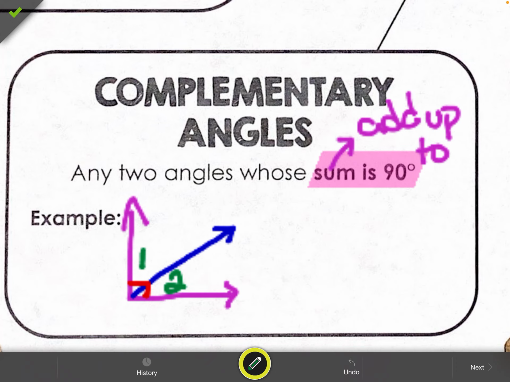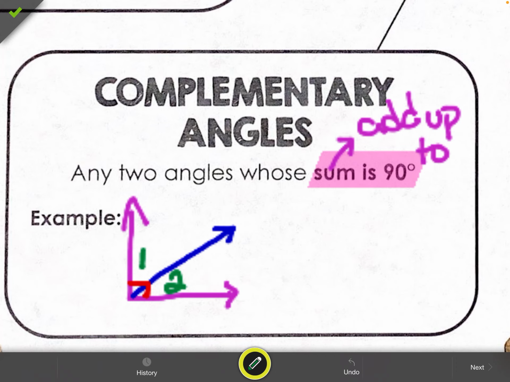But because angle 1 and angle 2 put together give us this purple angle, okay, which looks like a corner, it has a little box in it, then I know that they are complementary because angle 1 added to angle 2 gives me a 90 degree angle. Okay, and we call them complementary angles. Complementary angles add up to 90.